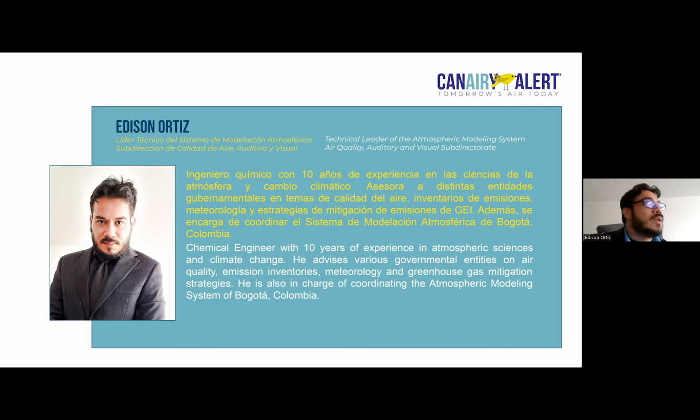So due to how important modeling is, we are able to even estimate chemical species for these inventories. And with the emission model that we have developed, we have validated against the air quality models that we use, and we have been able to realize that it very accurately reflects the dynamics of the city.